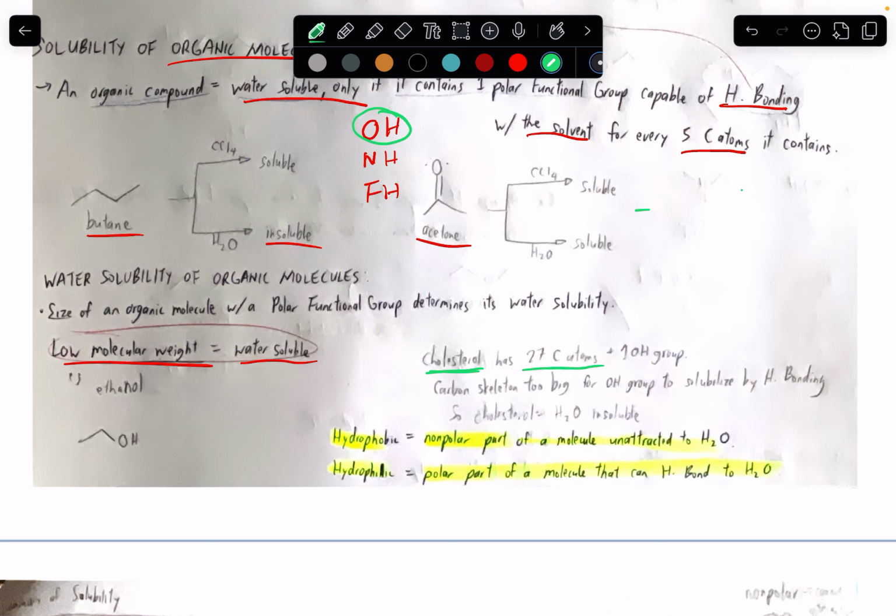And we have 27 carbon atoms. That's certainly bigger than 5, diba? So, this is an example. So, basically, cholesterol is capable of hydrogen bonding, but because it has too many carbon atoms for having just one OH group, hindi siya water soluble. So, yun lang.